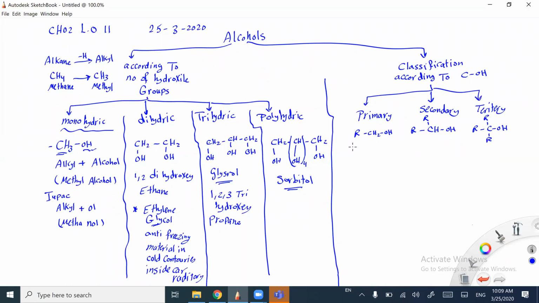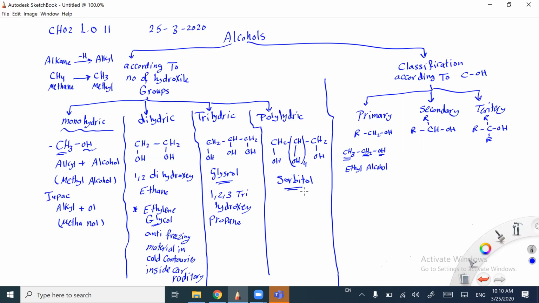Let's take an example. The first one is CH3CH2OH, only one alkyl group. When I give it a name according to the common name, firstly we classify it as a monohydric primary alcohol. Why primary alcohol? Because it is CH2OH with only one alkyl group. So according to the common system, it will be ethyl, according to the carbon atom number, ethyl alcohol.